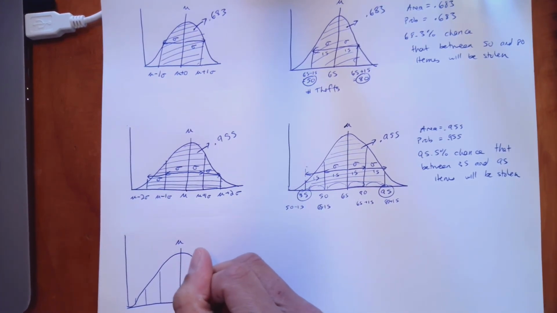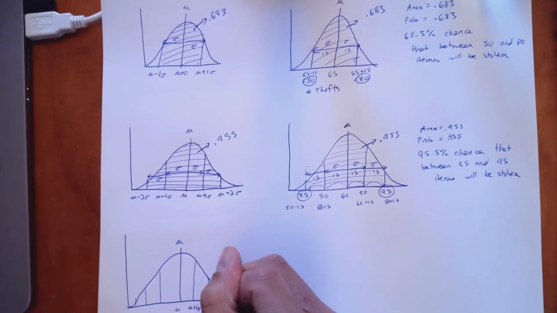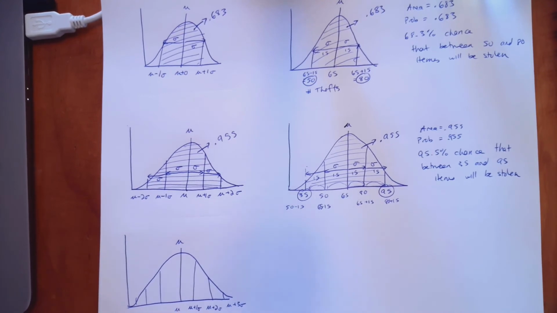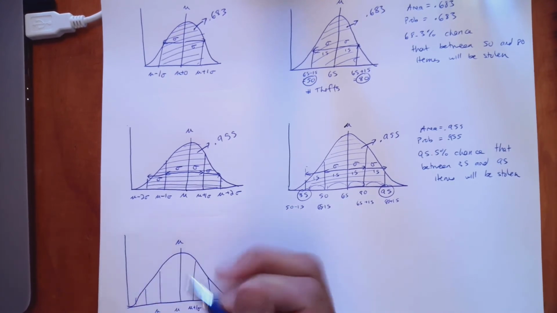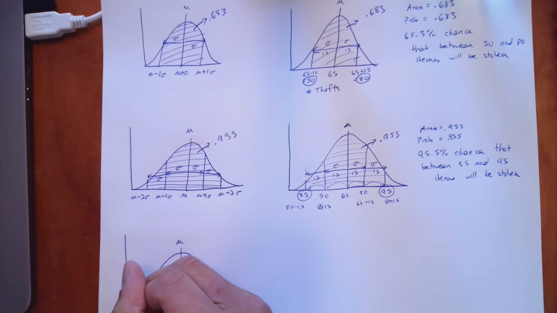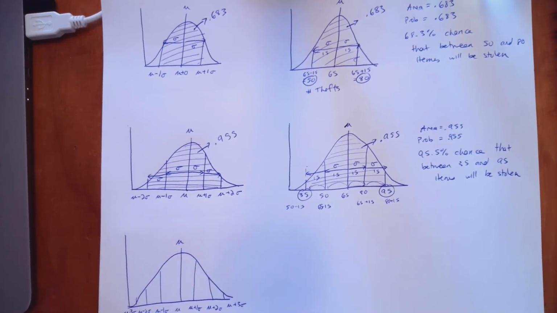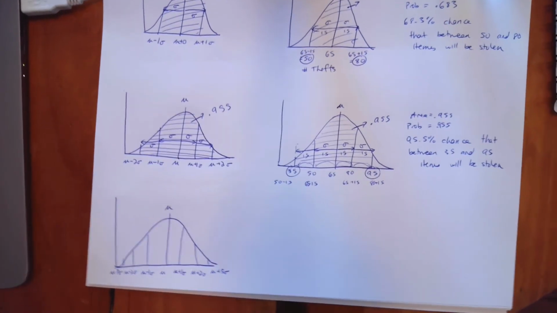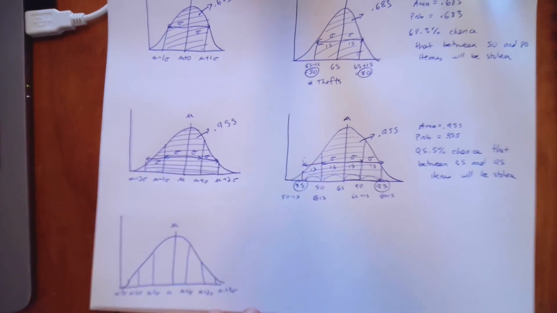So here's our mu plus 1 standard deviation, mu plus 2 standard deviations, and mu plus 3 standard deviations. Going towards the negative side, we have mu minus 1 standard deviation, mu minus 2 standard deviations, and mu minus 3 standard deviations. And again, I apologize for my terrible artistic skills here.